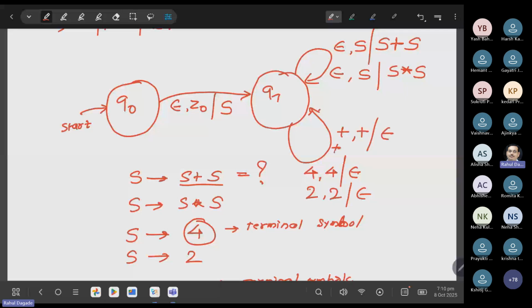When star is the input and star is on stack, then pop it. And when do we terminate? We go to Q2, which is the final state, when null is the input and only Z0 remains on stack. So this is our final PDA.